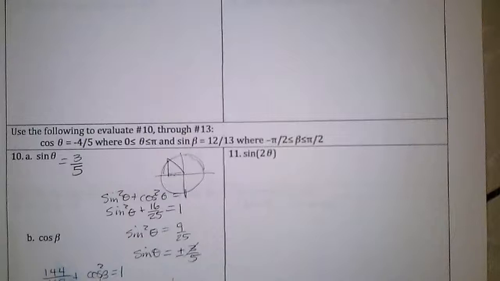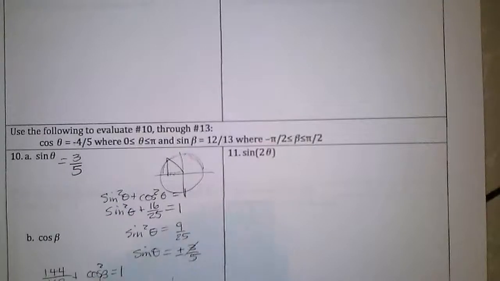So I'm going to take 144 over 169 away from 169 over 169, and cosine squared beta is going to be 25 over 169. And I take the square root, and cosine beta will be either plus or minus 5/13. But since we're in this quadrant, we're going to use the positive 5/13.